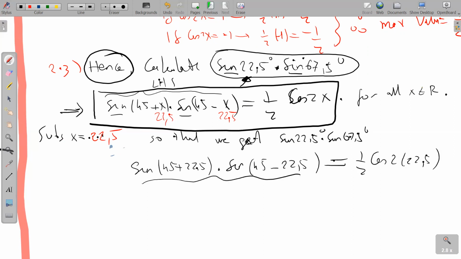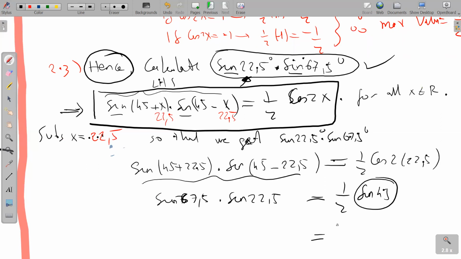In the left-hand side, we get sine 67.5 times sine 22.5, the same as this one, which is equal to half times sine 45. So 45 is a special angle, 1 over 2 times square root 2, which is the answer. A 2 marks question: one is substitution, one is answer. Very good question.